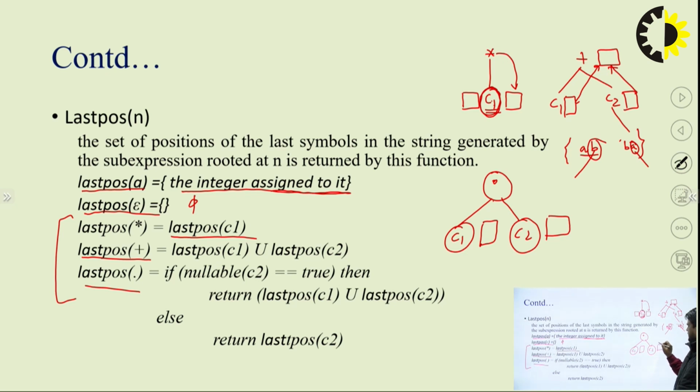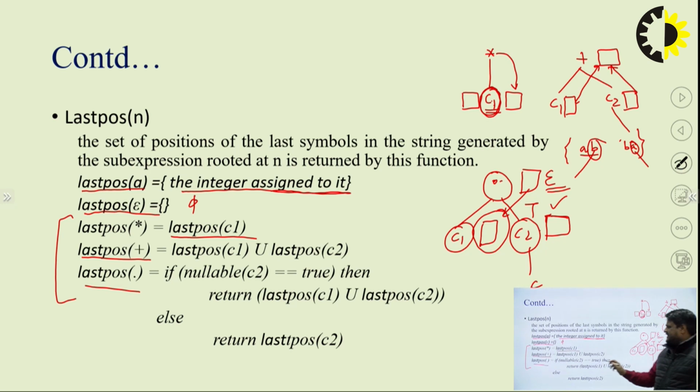If it is nullable, it has the capability to produce epsilon, the null. If it will produce the null, then the last value will be dependent on this one, because the first and last position corresponding to epsilon is nothing, right or not right? So if it will produce epsilon, then nothing will be the first and last position. So for the entire expression, the last value will be dependent on this one now.